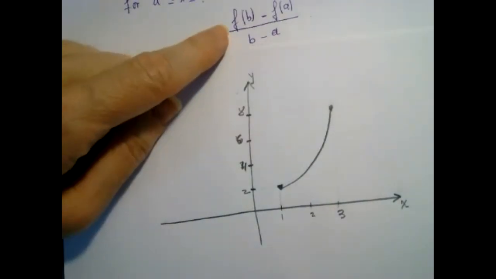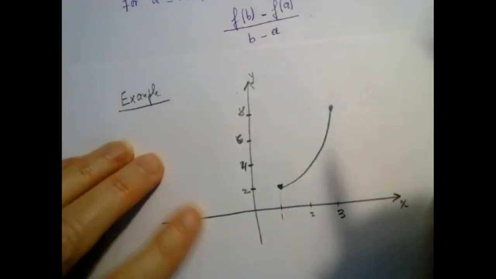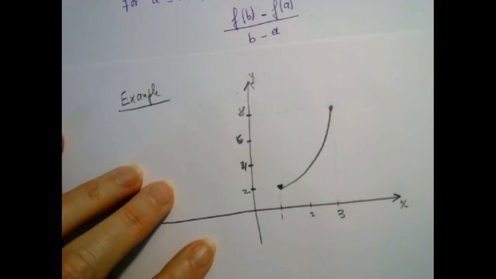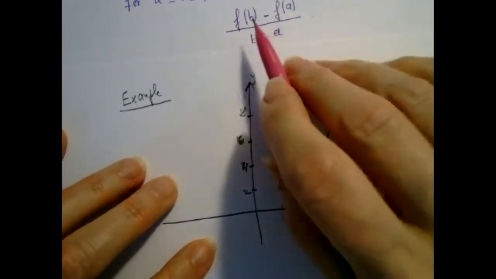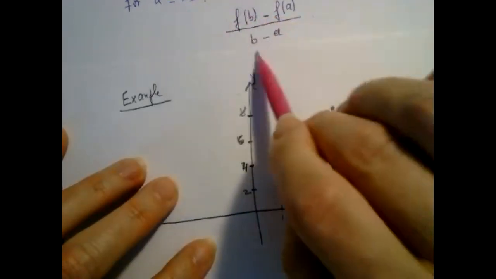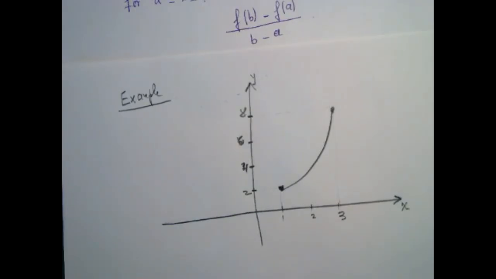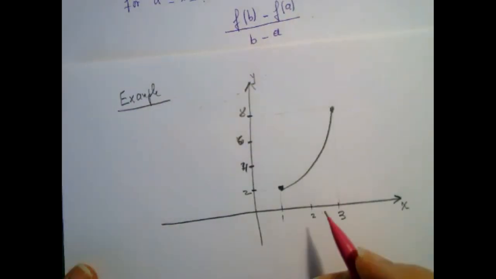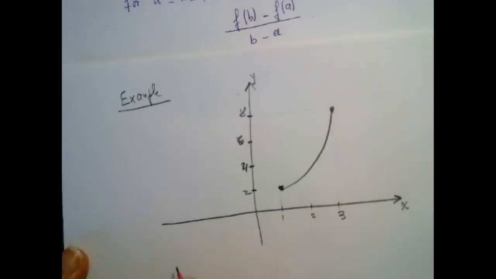And we are going to compute the average rate on the interval 1, 3. The definition tells me to be able to do that, you have to compute f of b minus f of a over b minus a. So before I do this, let us get one thing straight. What is f of 3 in my picture?